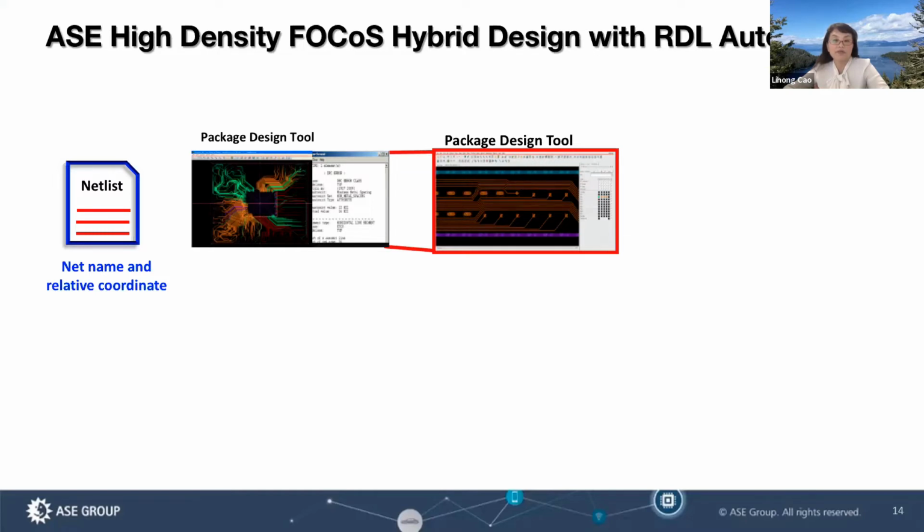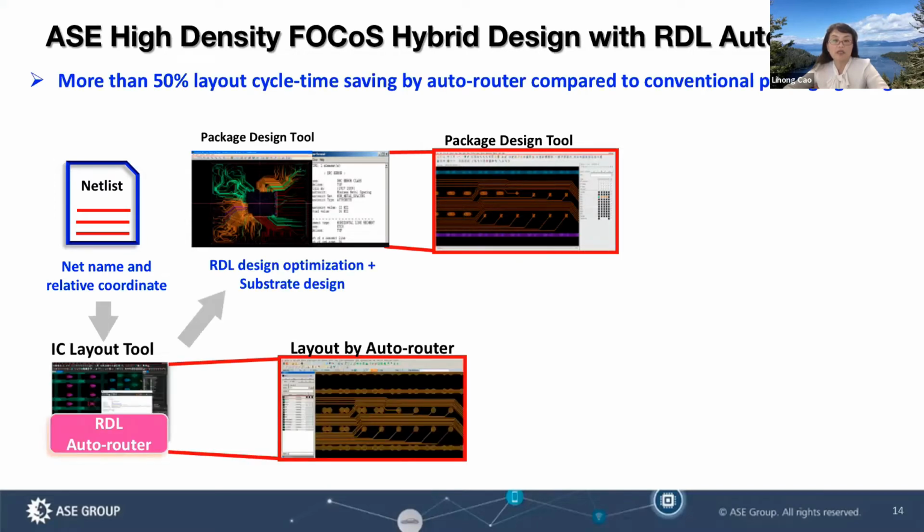When we receive the net list of relative coordinates, if we go through the conventional package design tool to make the RDL routing, it will take a few weeks. But by using the Auto Router IC design tool, it can produce the similar RDL routing structure, but the total layout design cycle time can be reduced to 50%.